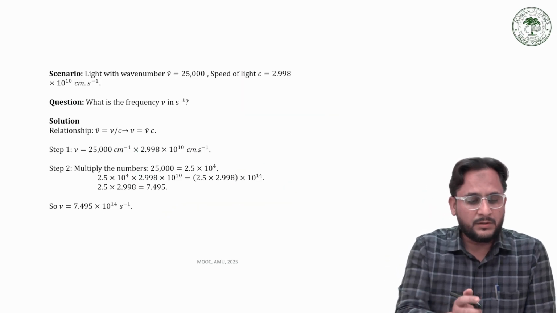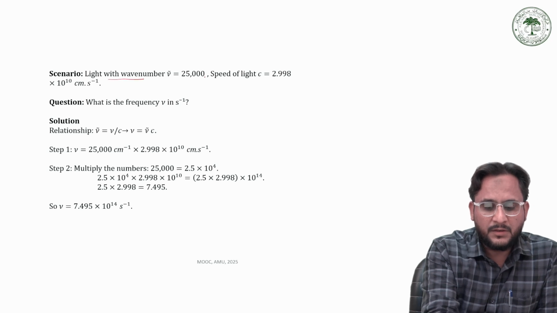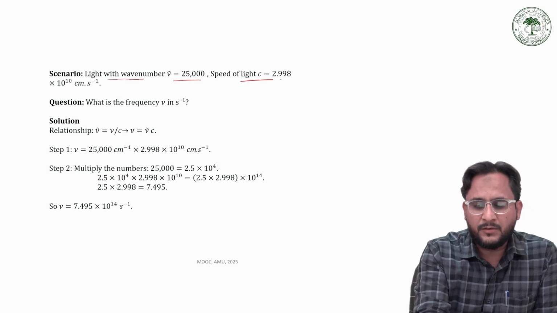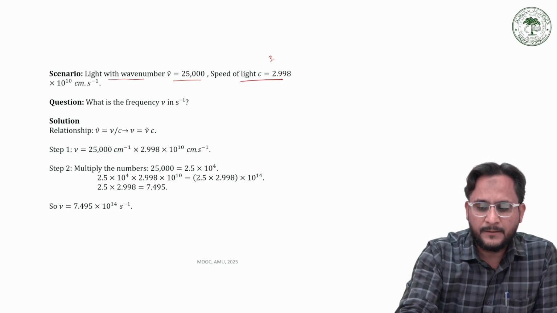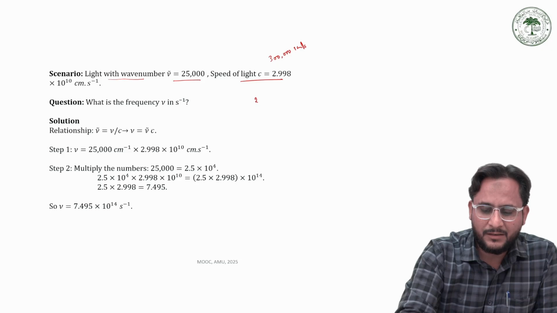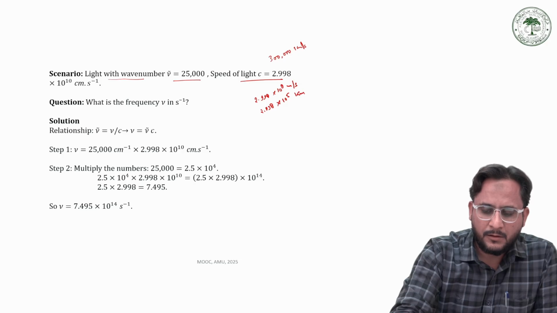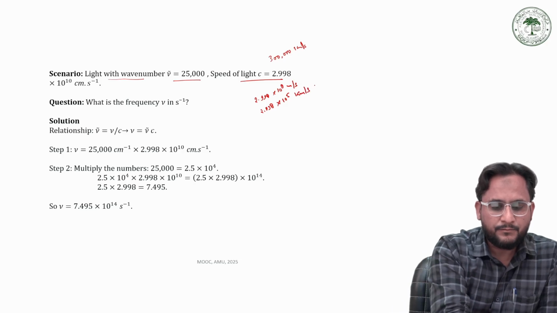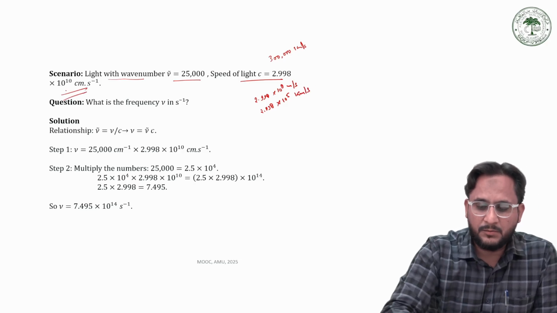The last question: light with wave number 25,000. The speed of light we all know is around 3 lakhs. We consider it in kilometers per second, but it is exactly equal to 2.998 into 10 raised to the power 8 meter per second, or 2.998 into 10 raised to the power 5 kilometers per second, although it is given in centimeters.